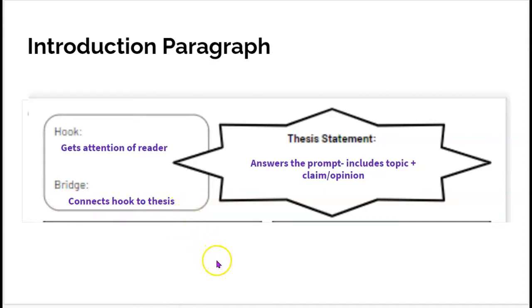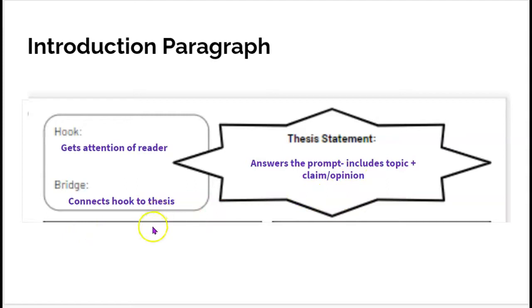Now, in an EOC style essay, you do not need a long drawn out introduction. So sometimes you don't even need a bridge sentence. It depends on what your hook is. If your hook is not self-explanatory with your thesis, then you might need that bridge sentence.